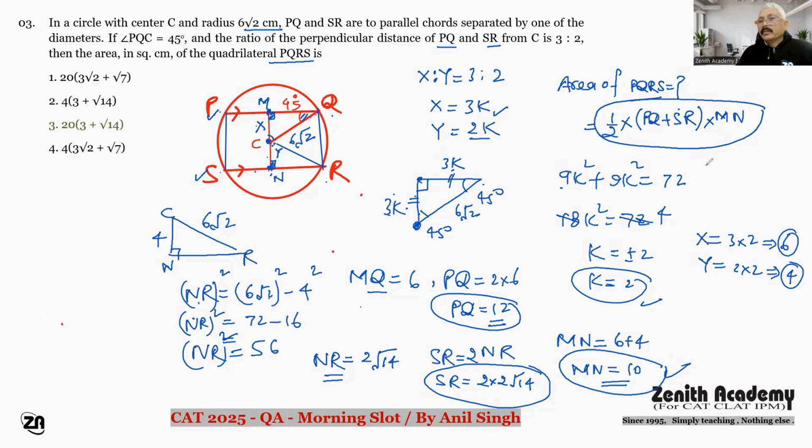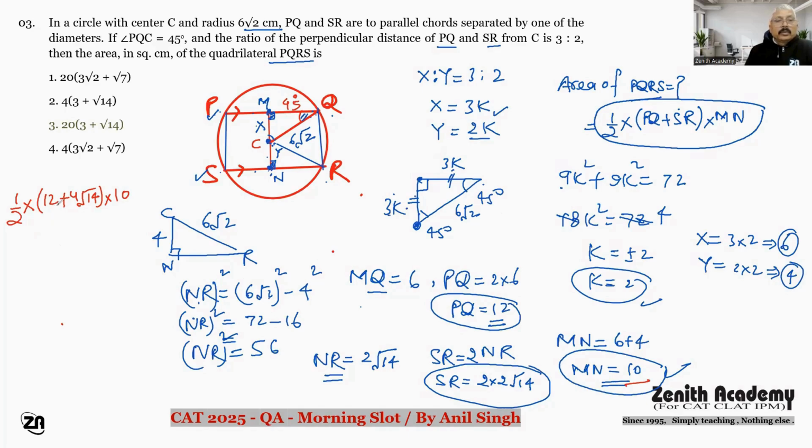Here we take this as 1/2 into PQ, which is 12, plus SR, which is 4 root 14, into MN, which is 10. Here take common 2.